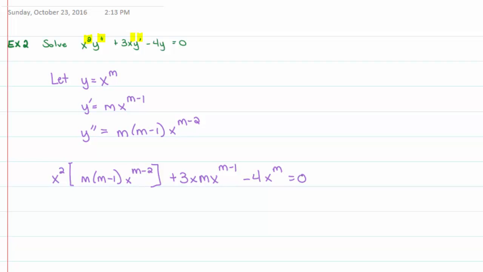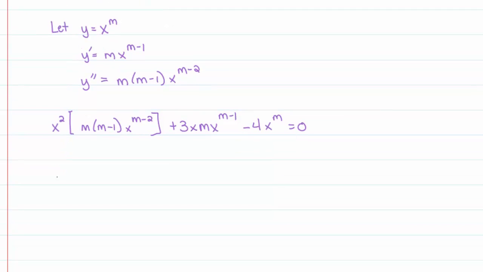All of these, if you multiply the x's through, will have x to the m-th, and you'll get down to x to the m-th power times the quantity m times m minus 1 plus 3 times m minus 4 is equal to 0. And you should do this, I think, every single time.